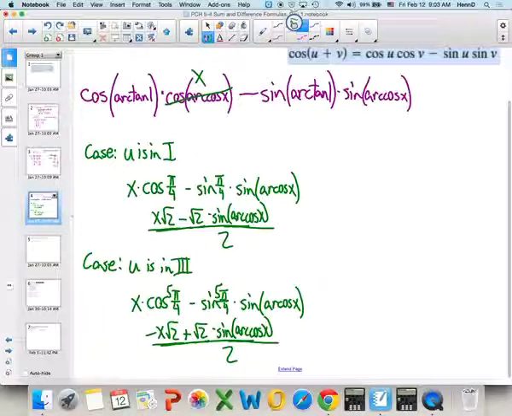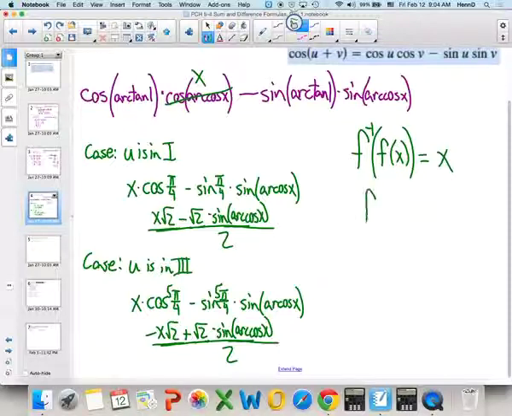Any questions? I have a question. I don't know whether cosine of arc cosine of x is equal to x. Oh, why this? Well, these are inverse functions. And remember the definition of an inverse function, the inverse of the function will always get you back to x.